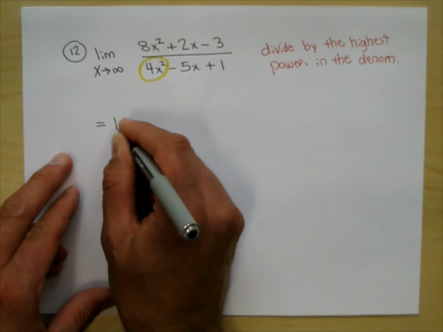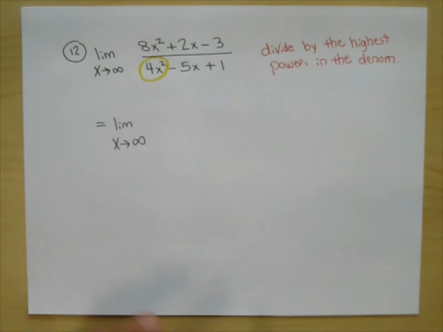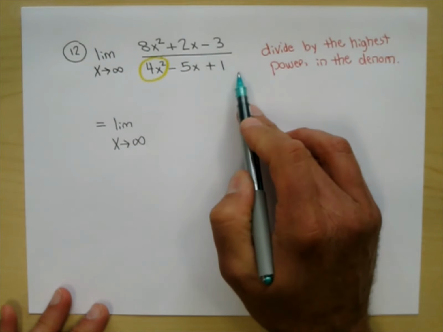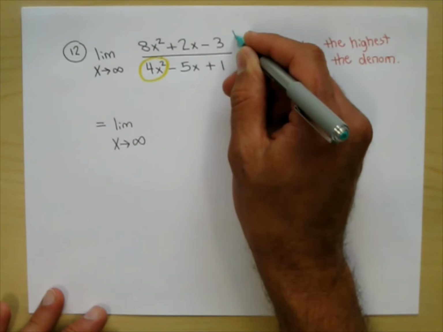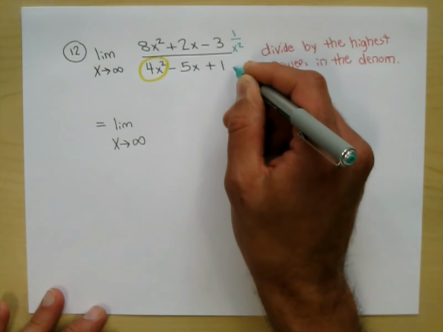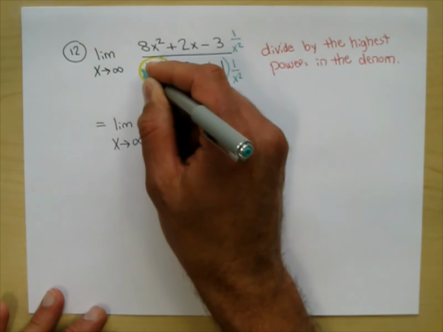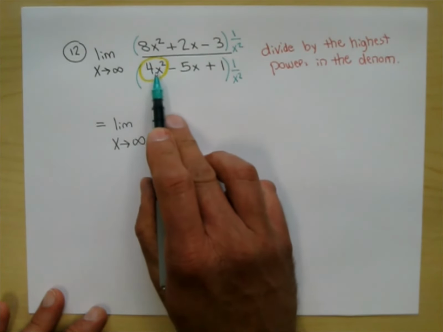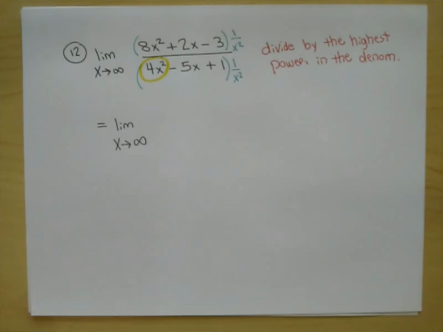So this equals the limit as x approaches infinity. And this right here is a fraction. So I can multiply top and bottom by 7. I really don't want to do that. I'm going to multiply top and bottom by 1 over x squared. And then on the bottom, 1 over x squared. And so that's what we mean by divide by the highest power in the denominator. The highest power in the denominator is the squared, so we're going to go 1 over x squared.